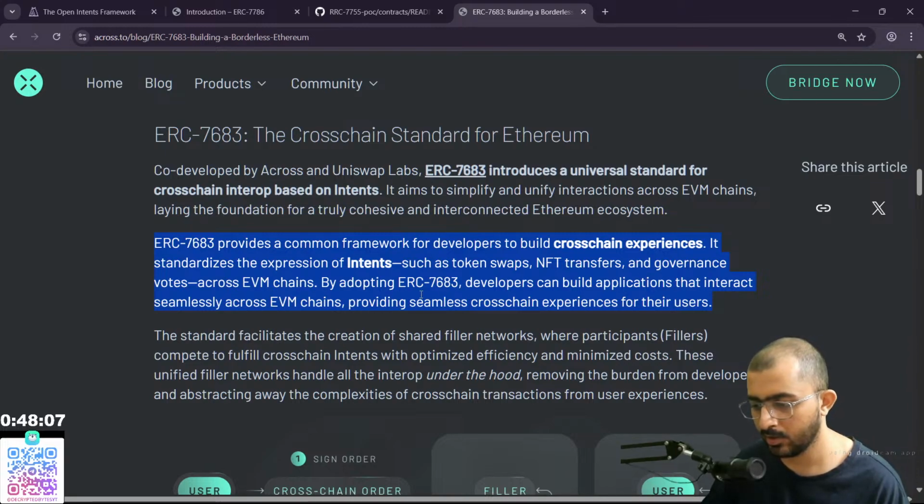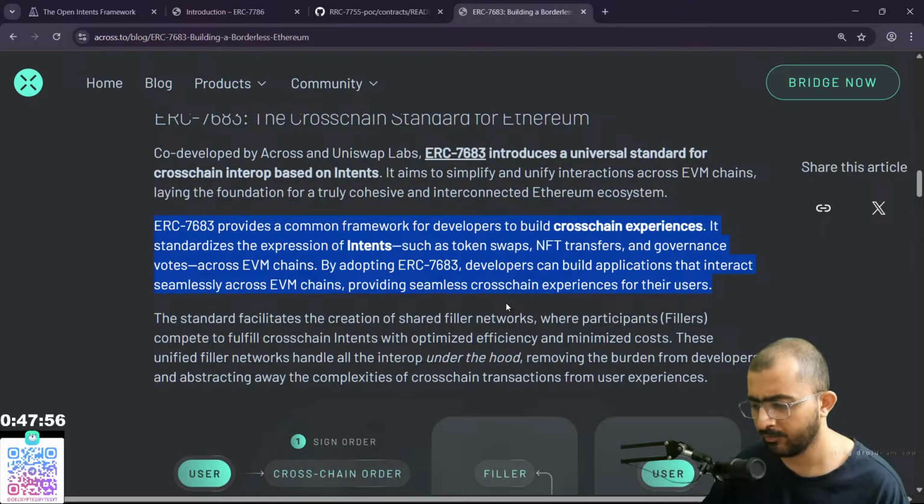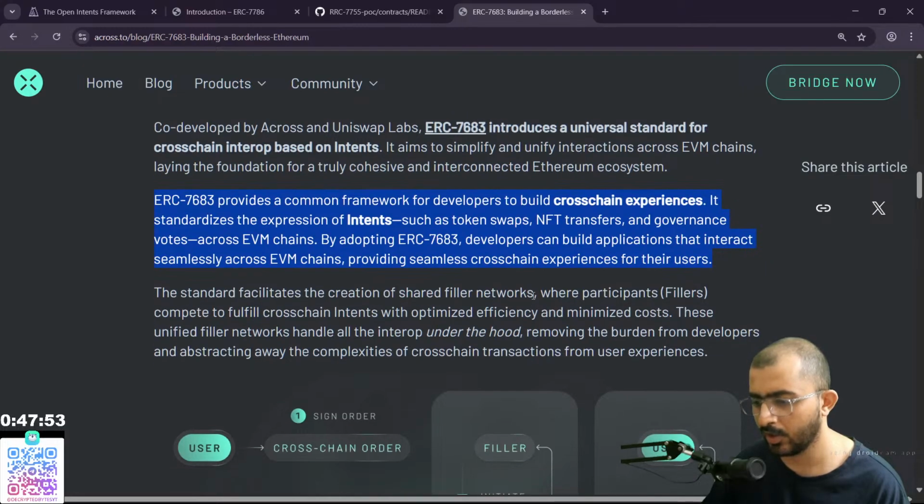By adopting the standard, developers can build applications that interact seamlessly across EVM chains, providing a seamless cross-chain experience for their users. Okay, so my assumption was intents are just for asset transfers, but it's an intent to do any action, and that's what they want to put in the intent. Okay, that's something new.